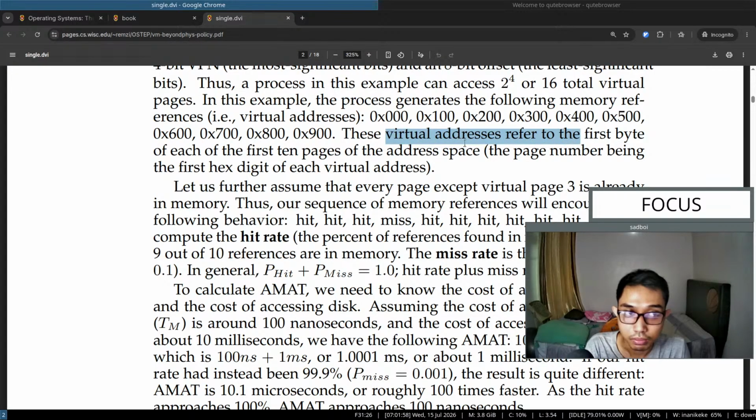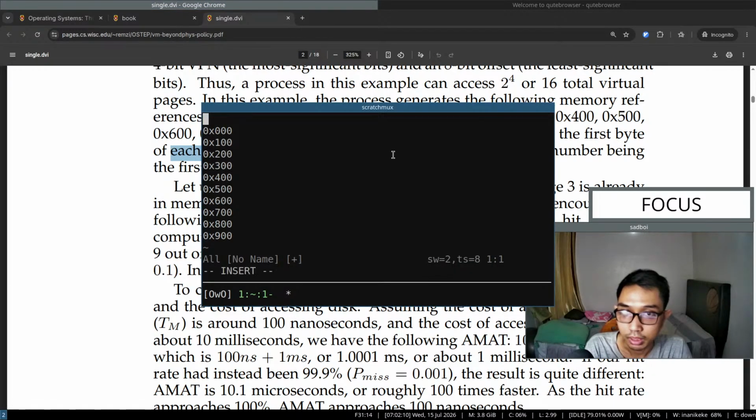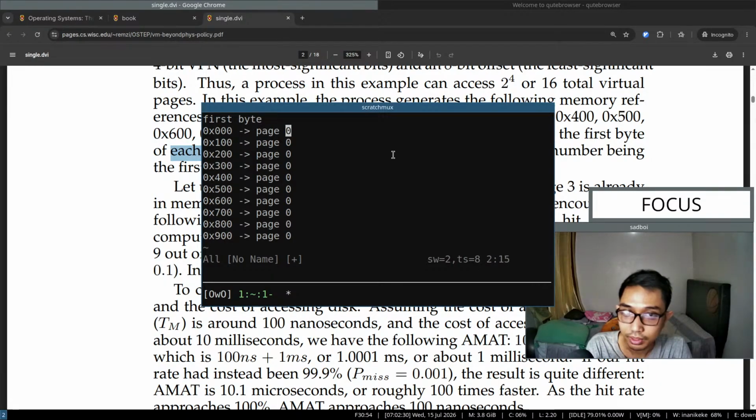So this is the first byte, and this is page 0. And then maybe do something like this. So we have 256 bytes, right?